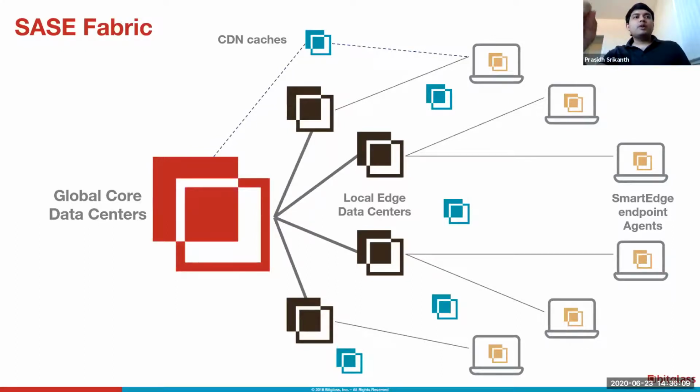So we have global core data centers. These are our, let's call it, super points of presence, which are located in multiple regions across high availability zones on AWS. Now these in turn are connected to local edge data centers.